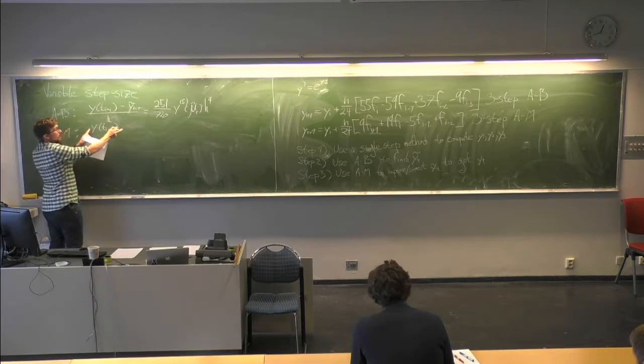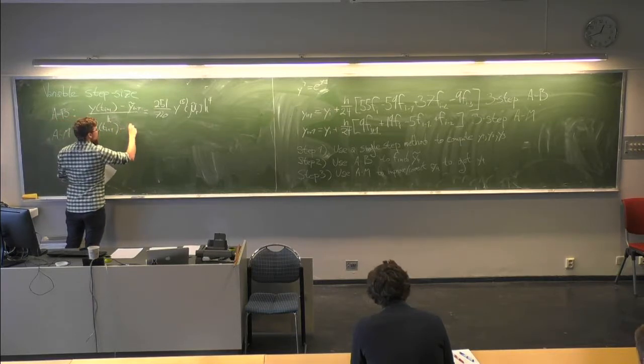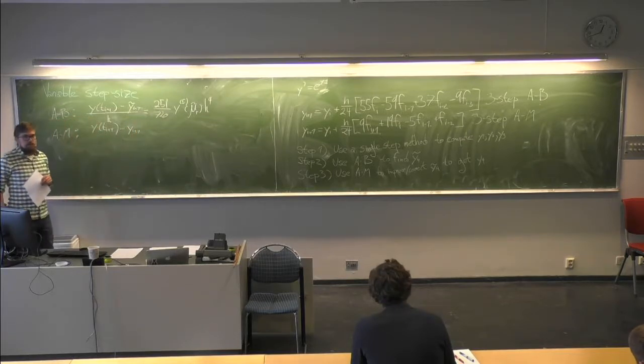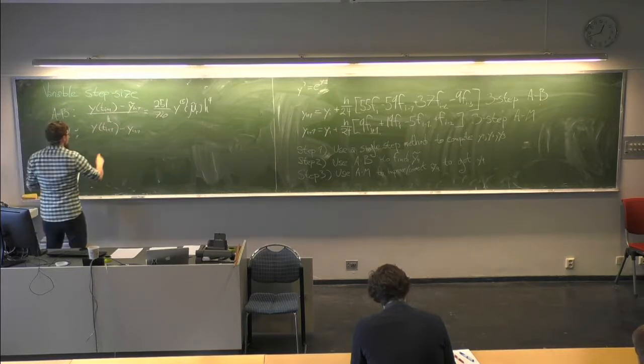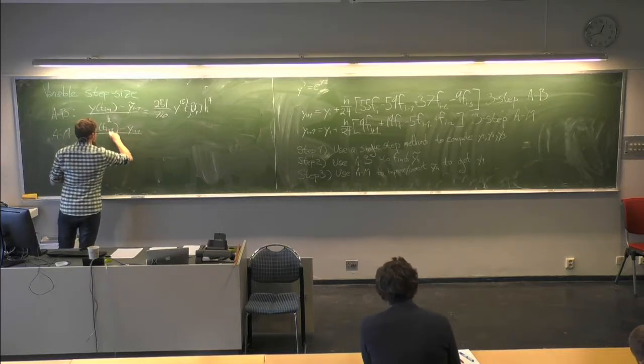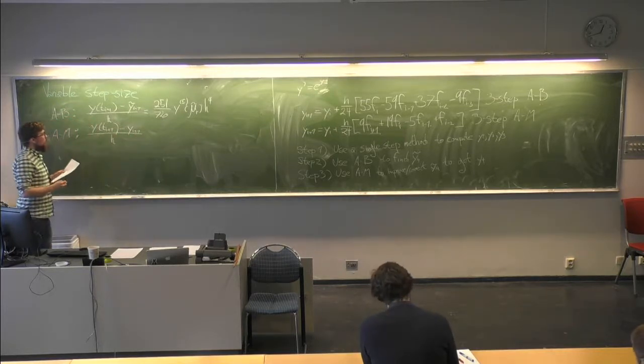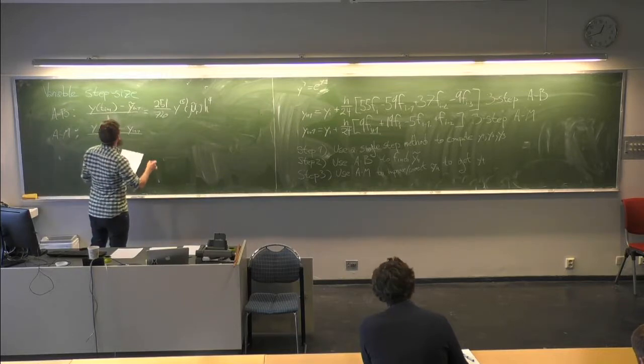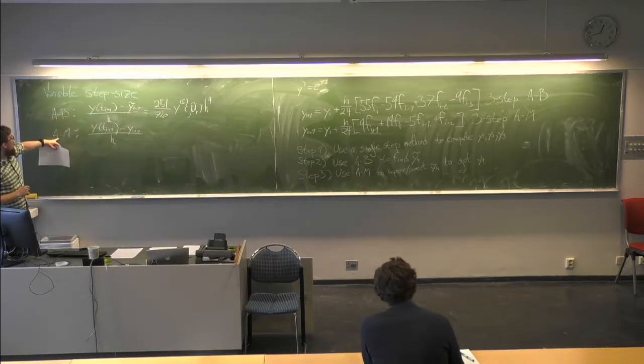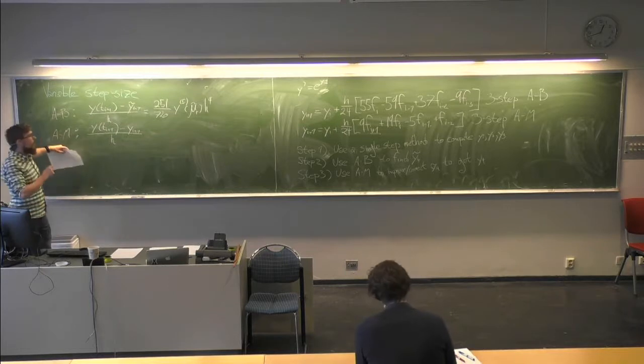This is exact. This is the corrected value here, y_{i+1}, for h. So this is the error in the Adams-Bashforth, the first one, and the Adams-Moulton 3-step methods.